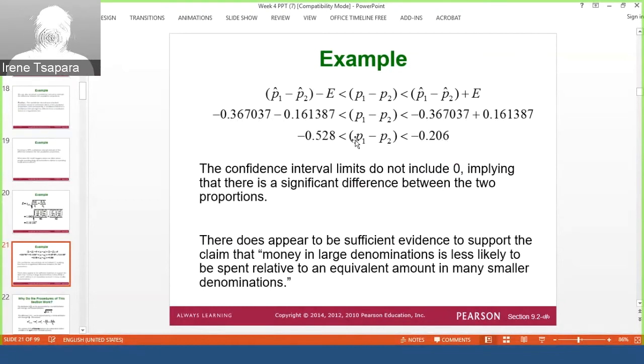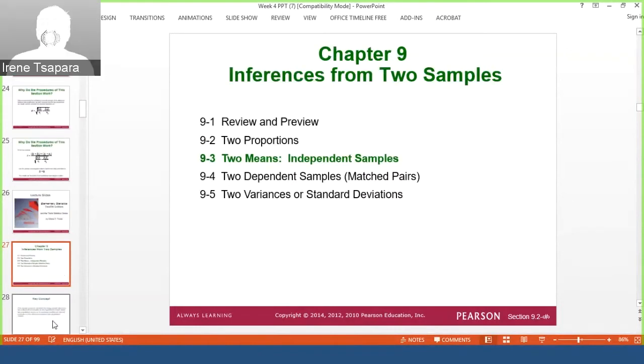So this means that the difference will be negative. No matter what, it will be negative. And a negative difference simply means that P1 will always be smaller than P2. P2 is always greater than P1. That was the test for the two proportions.